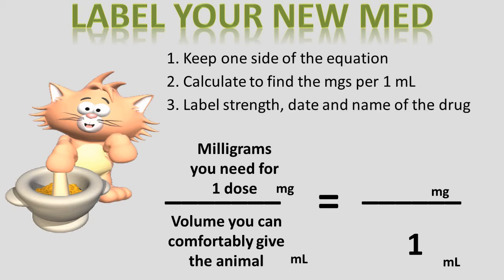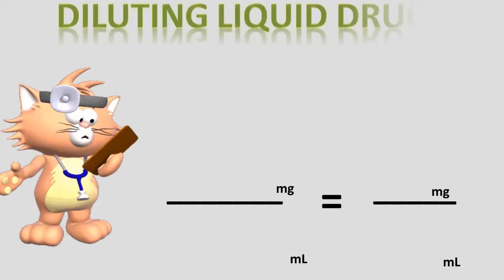On the label, write the name of the drug, the new strength, and the date. Also label shake well, because this will need to be shaken each time it's used. Now you have a medication you can use each time or save for the near future, and you don't have to calculate it again.